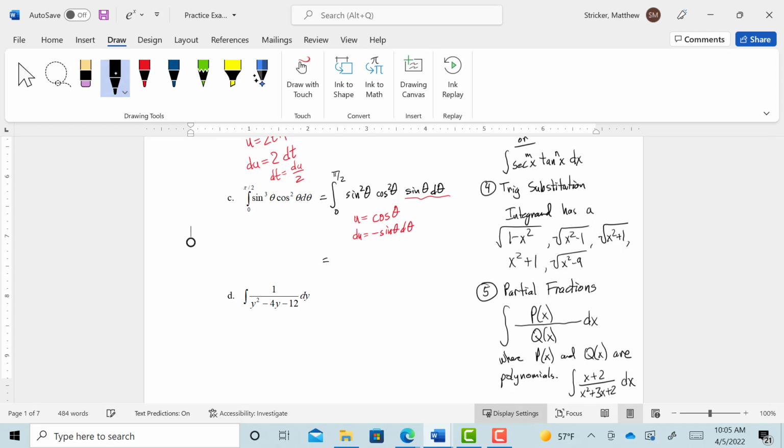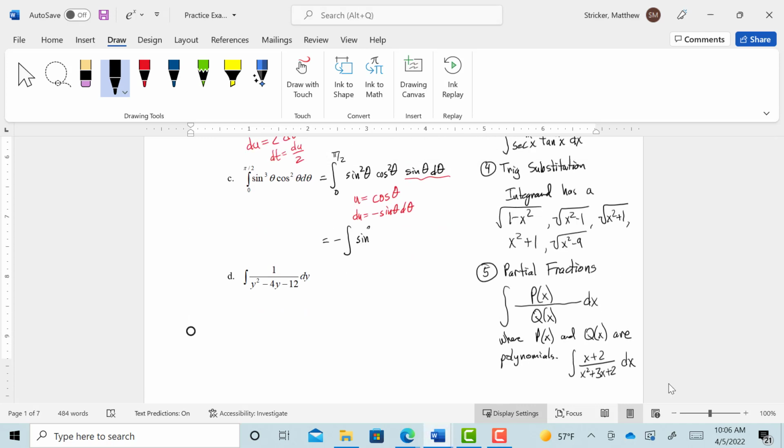We just take care of that by putting the negative out front. So we're left with sine squared theta, and then the cosine squared is going to become u squared, and then we have du. The only problem is we have this extra sine squared, but remember, sine squared theta plus cosine squared theta is equal to 1, which means sine squared theta is equal to 1 minus cosine squared theta.